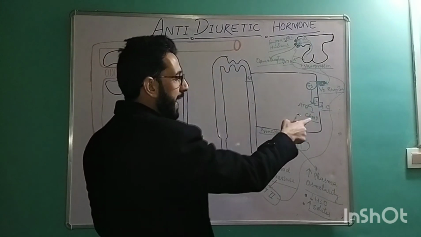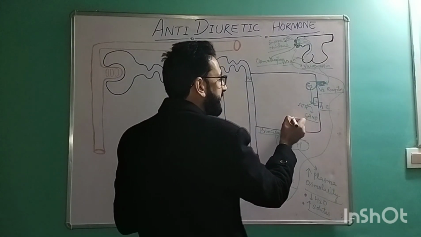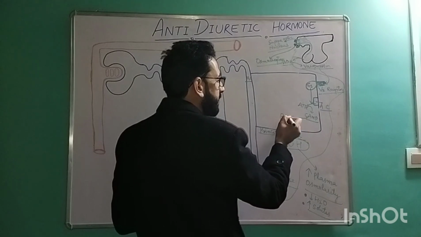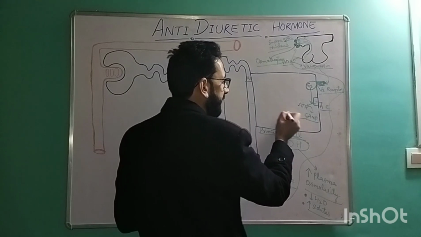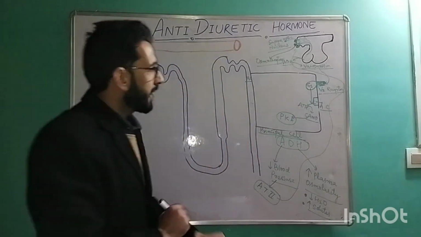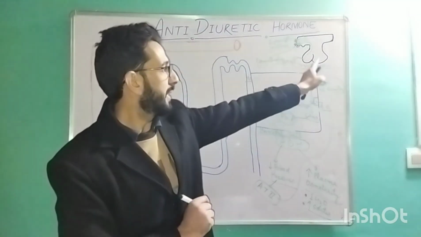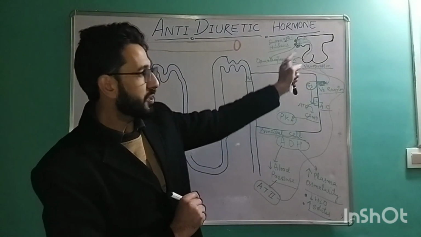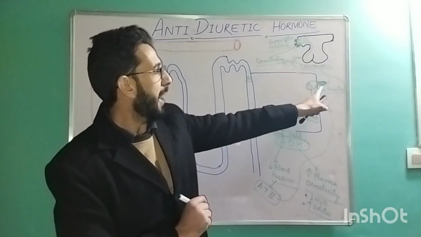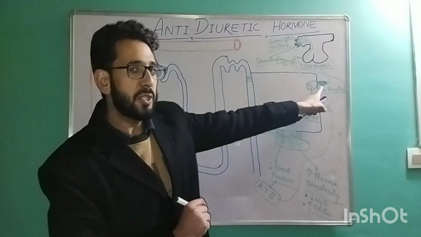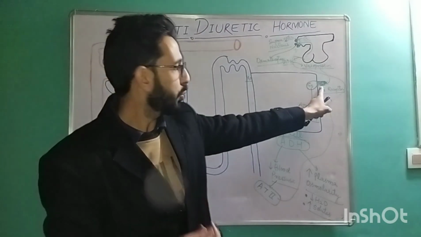Okay, and this cyclic AMP activates an enzyme which is called protein kinase A. One more time. This anti-diuretic hormone or vasopressin, once it is released from the posterior pituitary, it comes and binds on this receptor which is called the V2 receptor or vasopressin type 2 receptor.